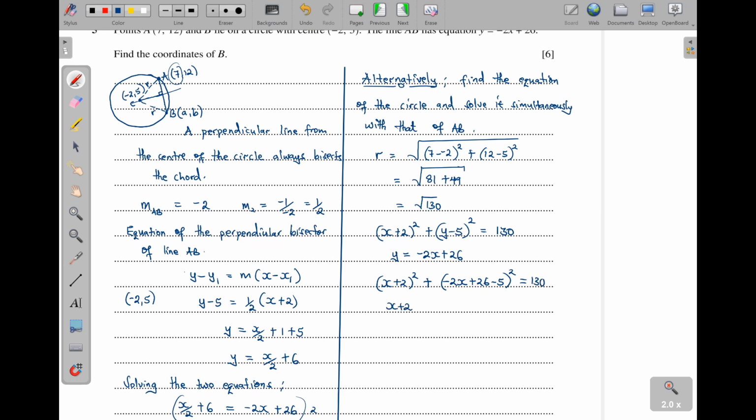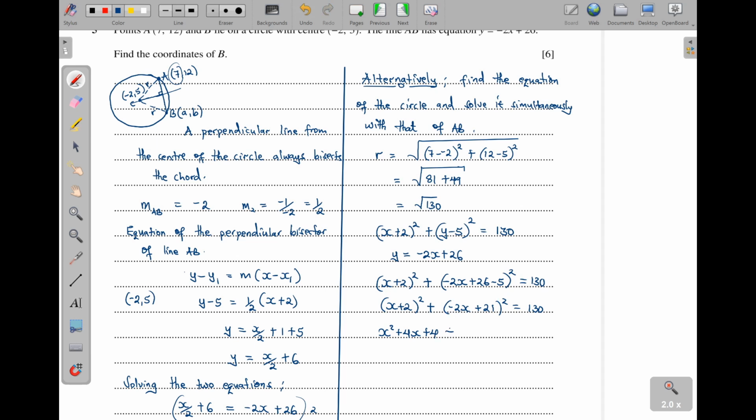x plus 2 squared, then plus minus 2x plus 21 squared. Now we open the brackets. Here we shall get x squared plus 4x plus 4. Now square this one here.